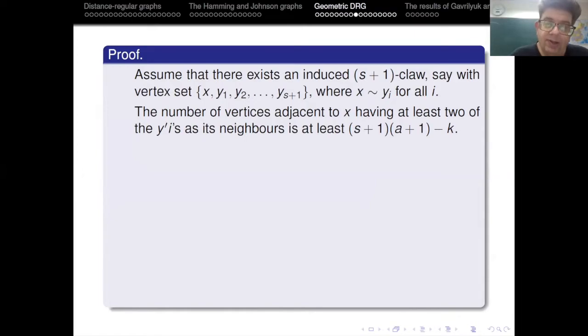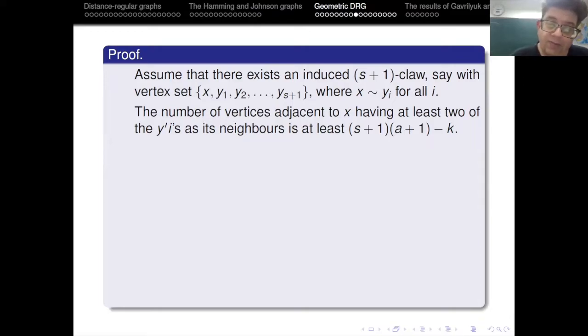So we assume there exists an (s+1)-claw, say with vertices x, y1, y2, up to y_{s+1}, where x is adjacent to all the yi. So x is the middle vertex. So the number of vertices adjacent to x having at least 2 common neighbors among the yi is at least this number. Why is this true?